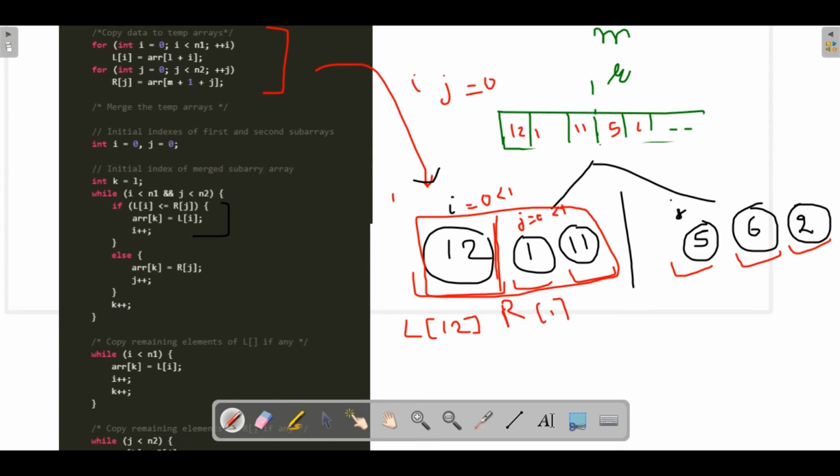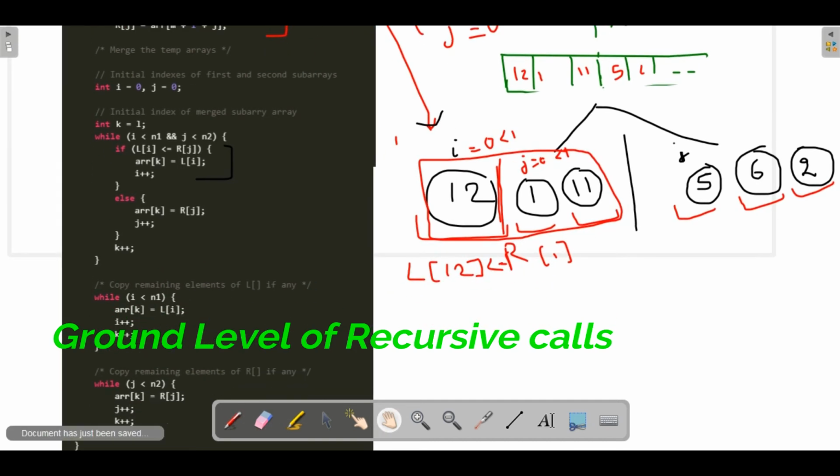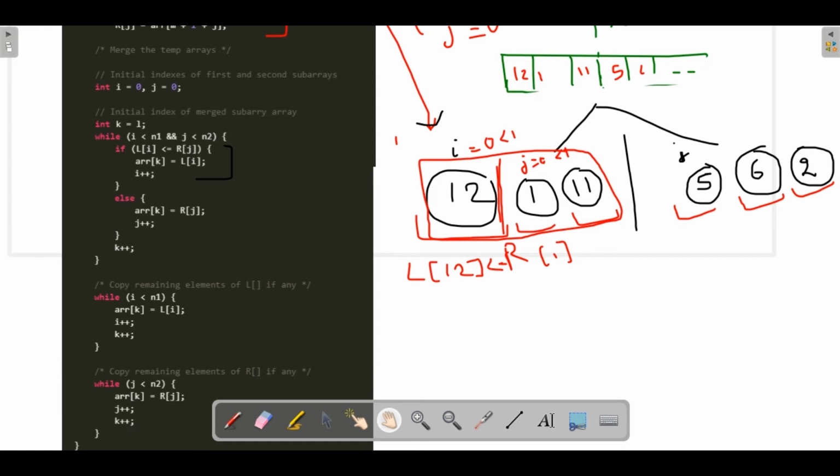So we check if left of i is less than or equal to right of j. In our original array that had a size of n elements, we would put left of i, else we would put right of j. So in our original array, what would we put? We would be putting 1.